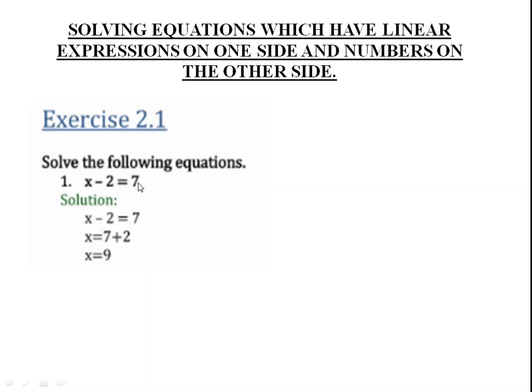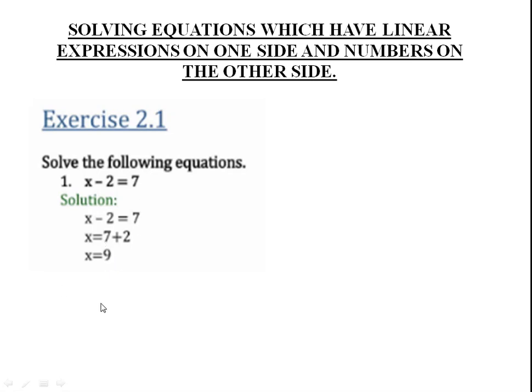I'll explain the same method which I taught you in class 7. Identify the variable first. Here the variable is x. 2 is subtracted here. So when you take 2 to the other side of the equal to sign, you will put plus. X is equal to 7 plus 2. X is equal to 9.